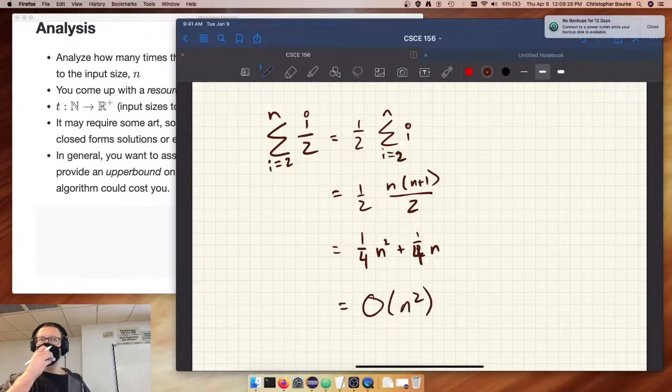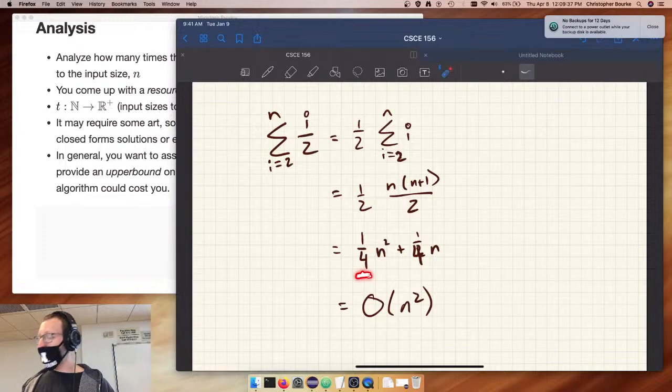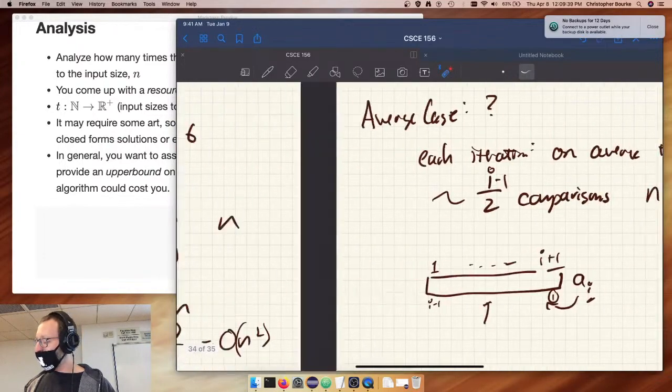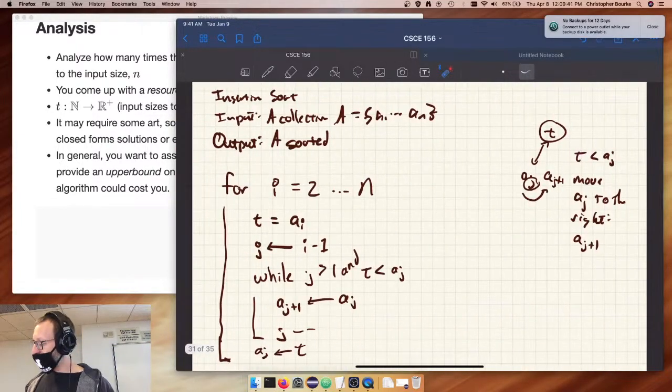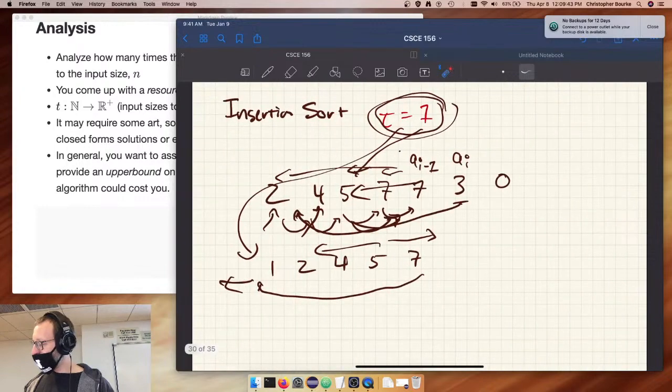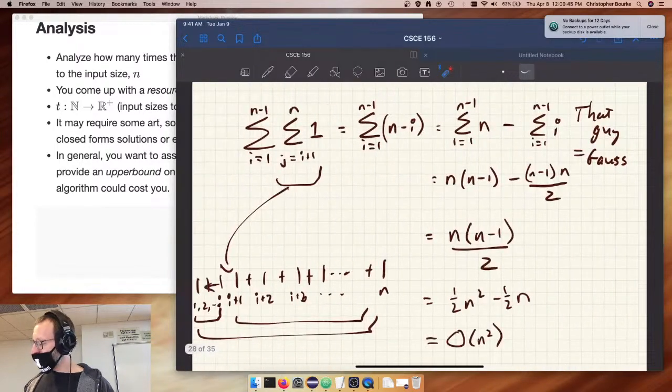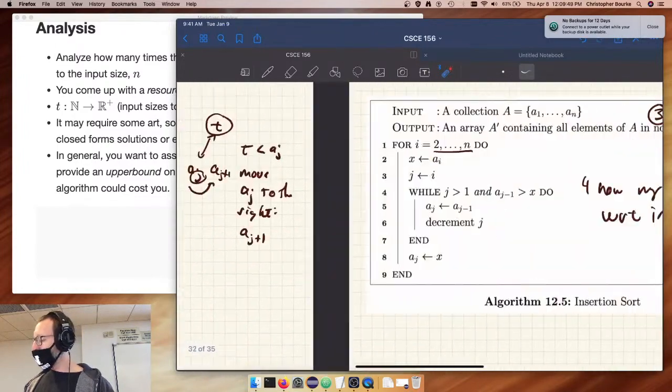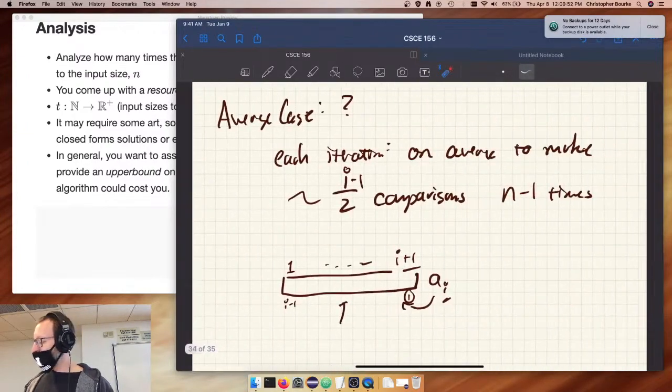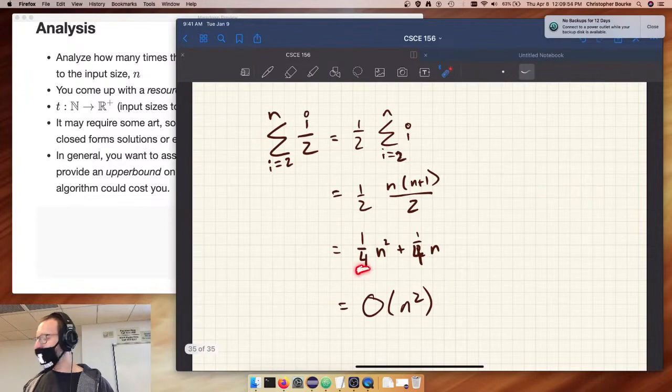algorithm, right? But I show this to you for a very good reason. That 1/2 in practice, with the 1/2 versus 1/4, right? With selection sort, you have this 1/2 sitting out front. With insertion sort, you have this 1/4 sitting out front.